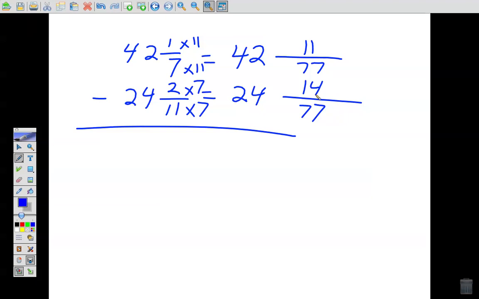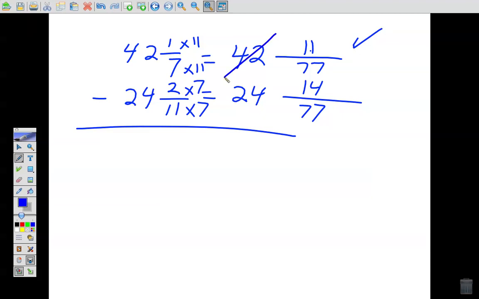I cannot take 14 away from only 11, and I can't switch those around and take 11 away from 14. It's always the top minus the bottom. If you need $14 and somebody only has 11, you're not going to be able to get enough money, are you?